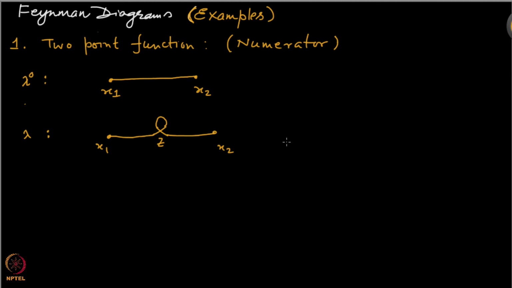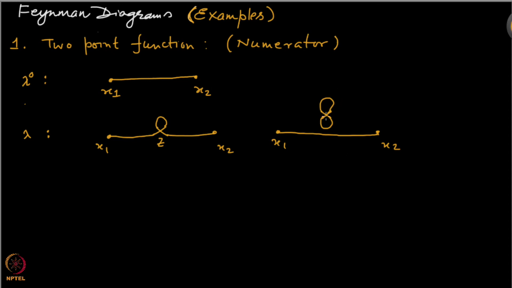There is another possibility: instead of connecting x1 to a vertex and x2 to a vertex, I connect x1 and x2. And then the lines coming out of this vertex, I connect among themselves. So that's another possibility.